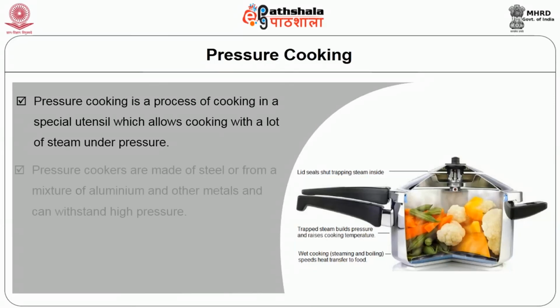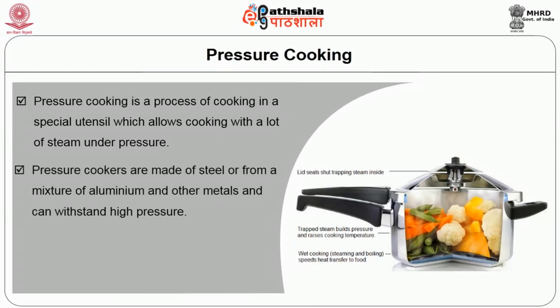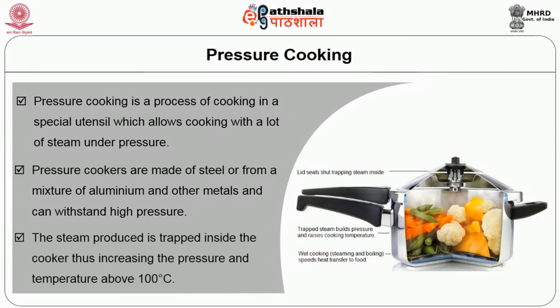under pressure. Pressure cookers are made of steel or a mixture of aluminum and other metals and can withstand high pressure. The steam produced is trapped inside the cooker, thus increasing the pressure and temperature above 100 degrees Celsius.